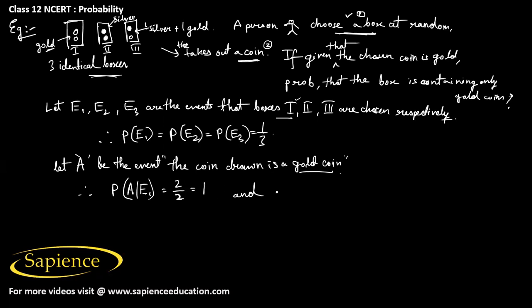Similarly, the probability of choosing a gold coin, given box 2, is obviously 0 by 2, which is 0. And the probability of choosing a gold coin, given box 3, is 1 by 2, since there is 1 gold coin out of those 2 coins.